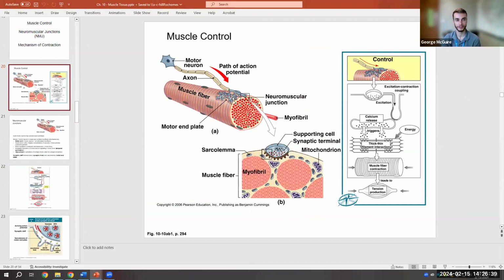That neurotransmitter is going to cause an action potential on the sarcolemma of the muscle cell, which is eventually going to lead to the release of calcium, which is going to allow for the muscle to actually contract. And so I'll talk about all of those steps, but it is from the motor neuron all the way to the myosin head power stroke that is going to pull the thin filament towards the center, the M line.